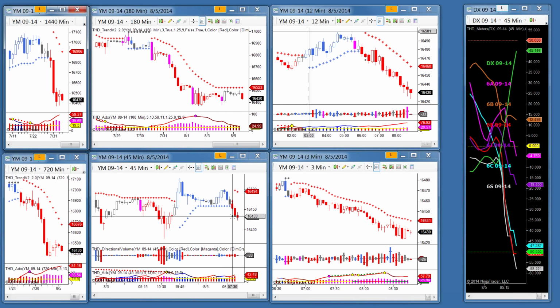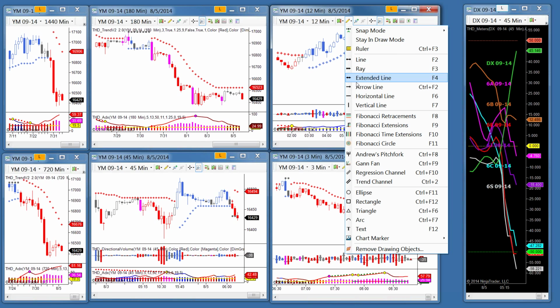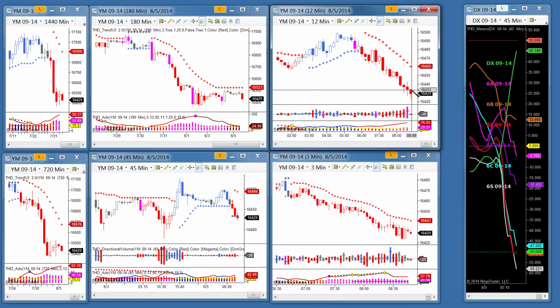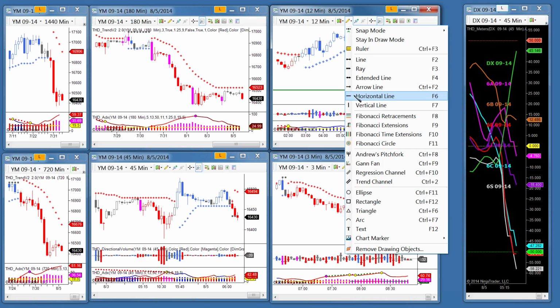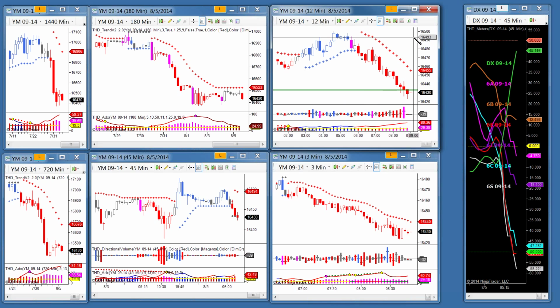We are at a congestion dot on the 45 minutes, so that's 16,433. So this is the congestion dot from the 45-minute chart. We do have an ATR above us at 16,494, and we have one at 16,523.